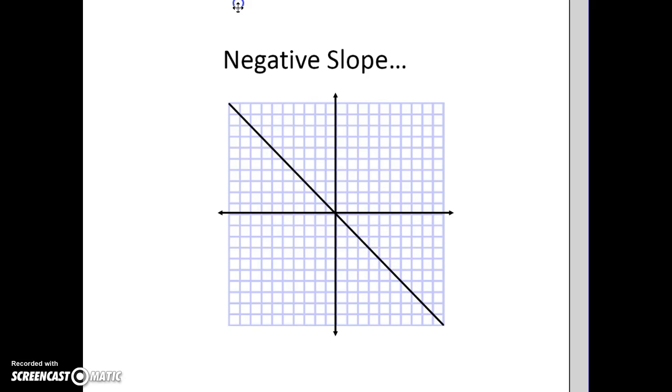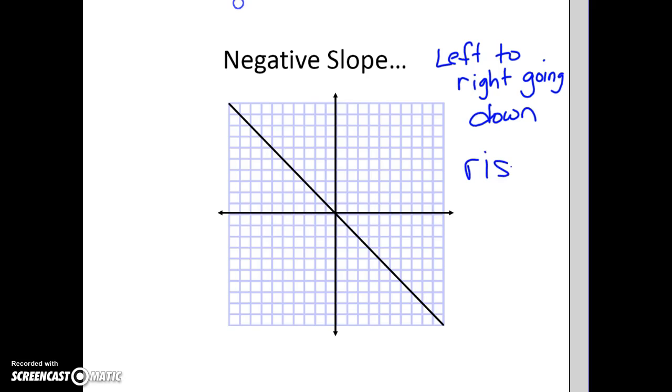Again, I know this one is going to be negative because from left to right, I am going down. I still need to find the rise and the run.